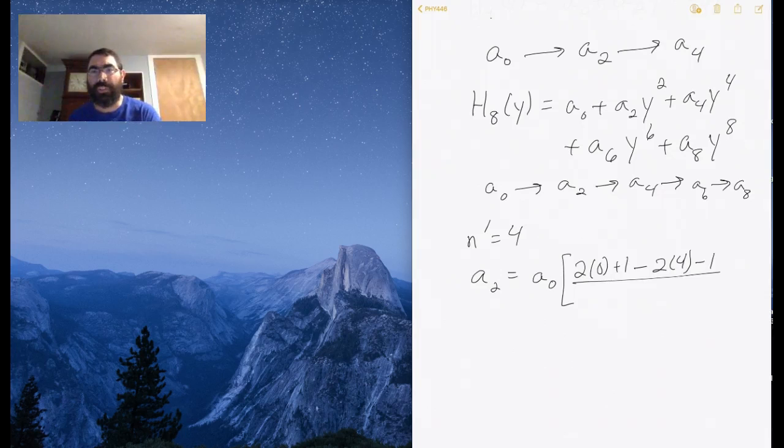Because now the n is 0, but the n prime is always going to be 4 because that's the cutoff value. And then we have 0 plus 1 and 0 plus 2.